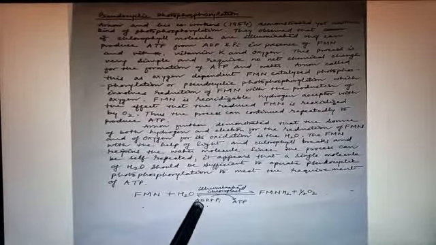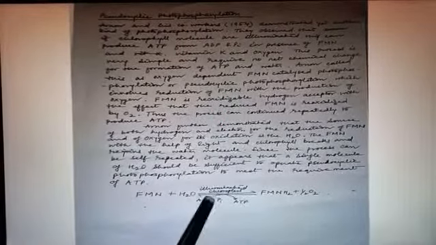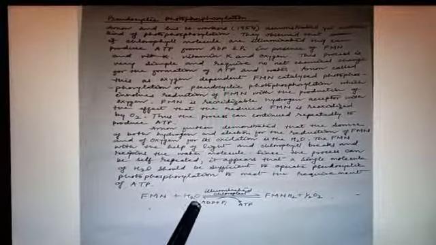When it is oxidized, ADP and inorganic phosphate form an ATP molecule. So the ATP molecule is continuously synthesized, and a single water molecule breaks down and is again reformed as a water molecule.